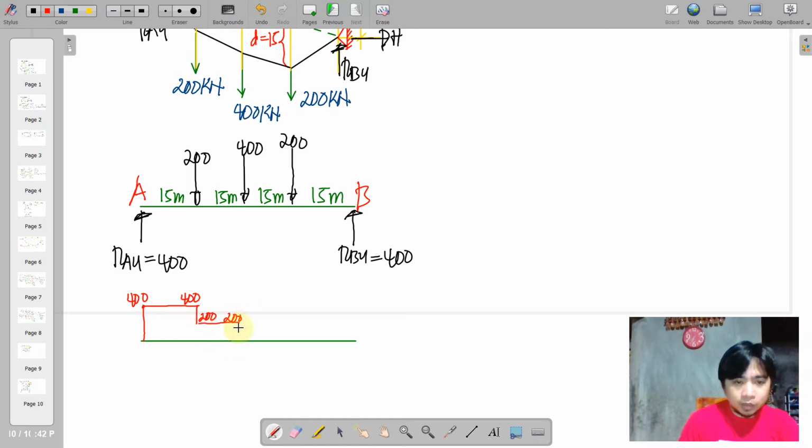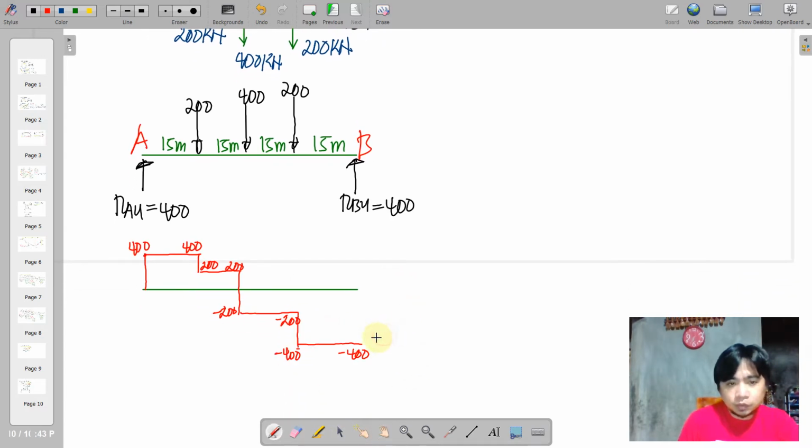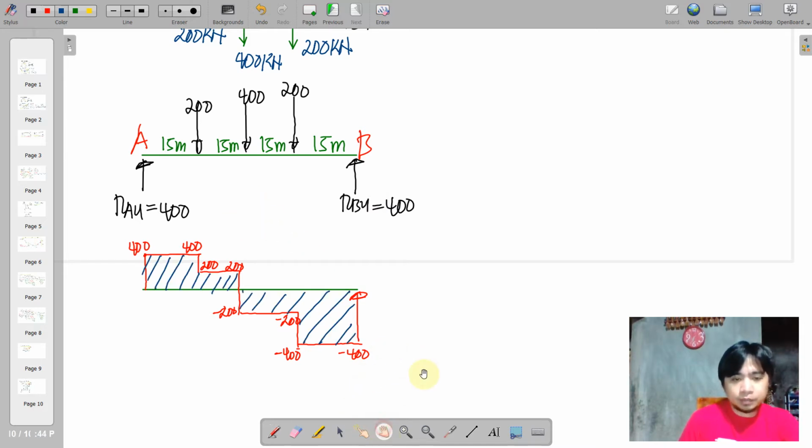No loading, remains to be 200, and then 400 will push it down to negative 200, until this 200 will push it further by 200 units downwards, so that it remains negative 400 until this will push it back to 0. Okay, so this is the shear diagram.